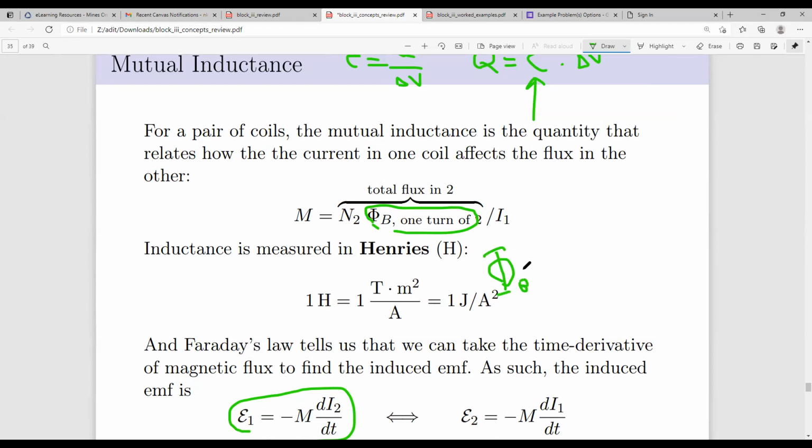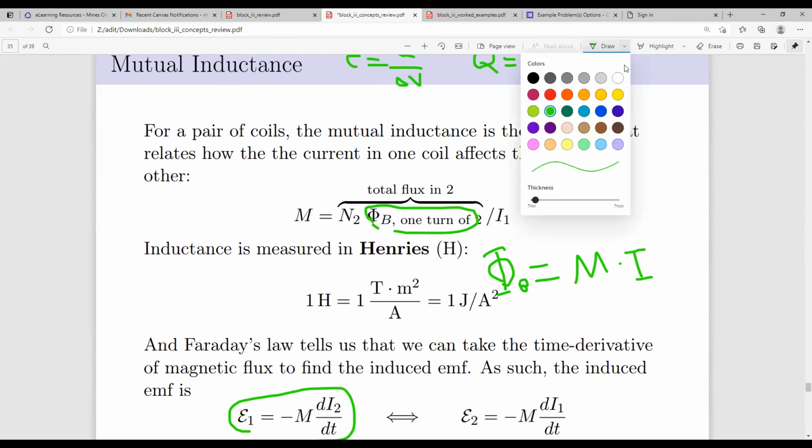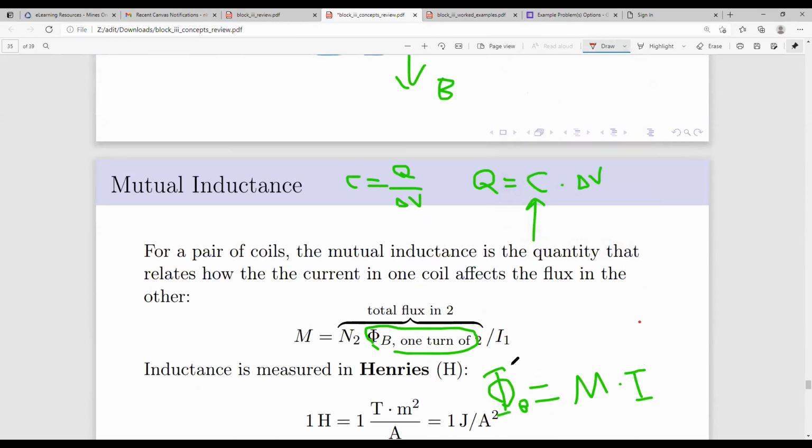If I rearrange this equation to solve for flux, it's going to be M times I. This is the analogy to capacitors, because instead of charge I have a flux. Instead of capacitance, I have mutual inductance, the quantity that depends on geometry and orientation. And instead of voltages, I have currents.